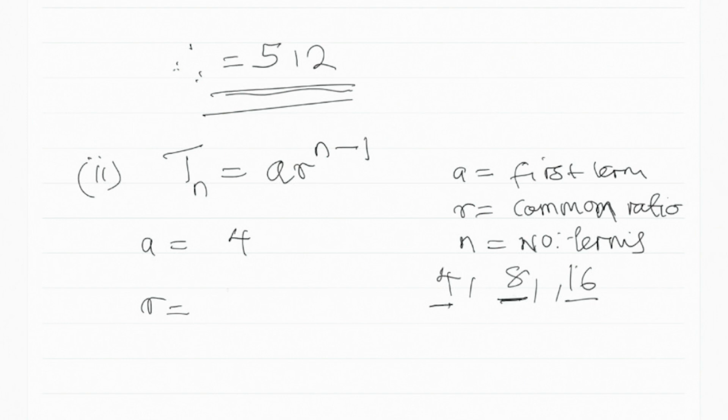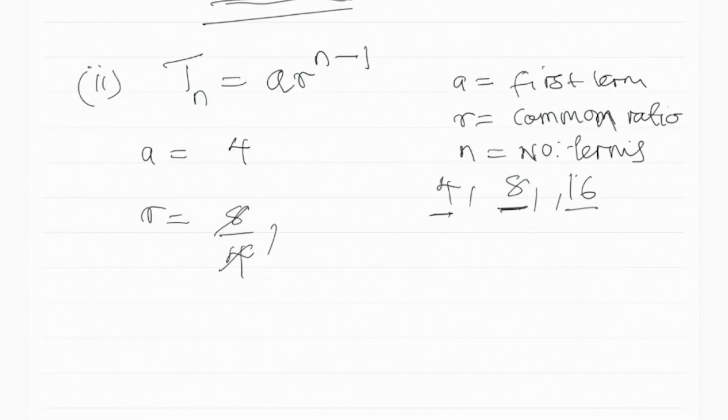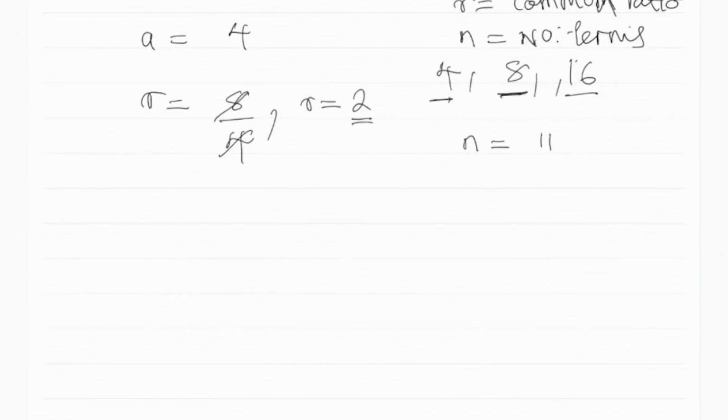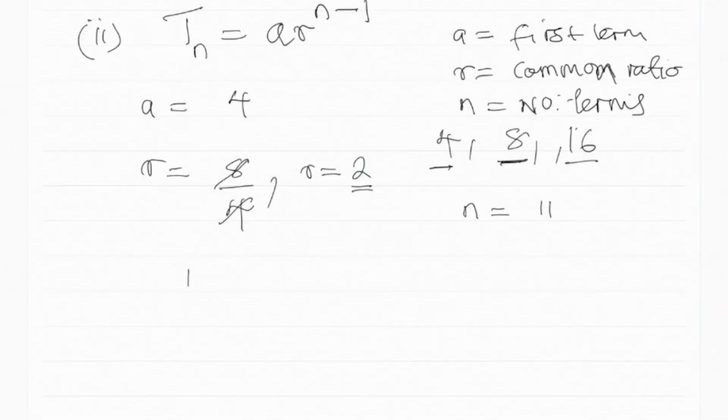In my case, I'm going to use the second term and the first term. So I'm going to have 8 over 4, and when I simplify that, my common ratio is R equals 2. Now that I've got my common ratio and the term needed, n, which is 11, I can confidently substitute in the formula Tn equals A R to the power n minus 1.